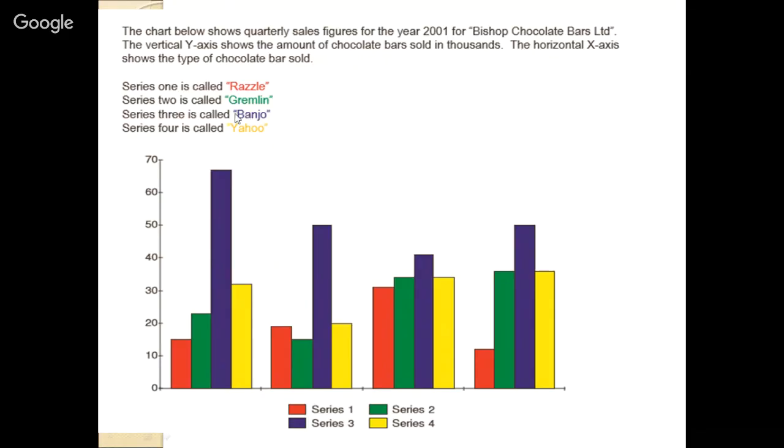So this would be the first quarter, second quarter, third quarter, and the fourth quarter, right? And then for each quarter, you see how all the different bars perform. Now that we have gone through that, let us look at Razzle.